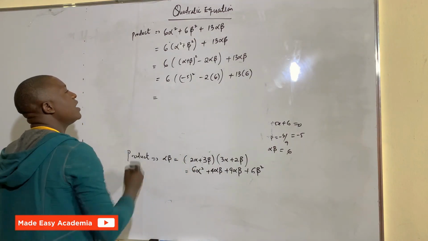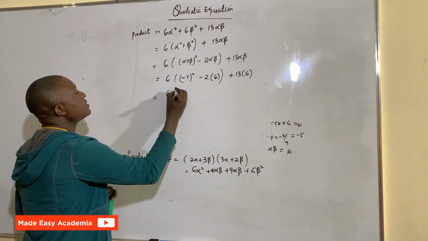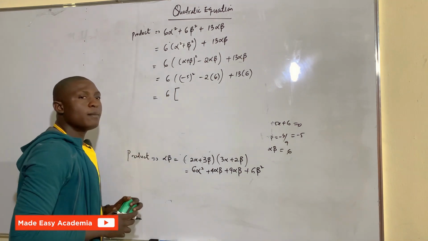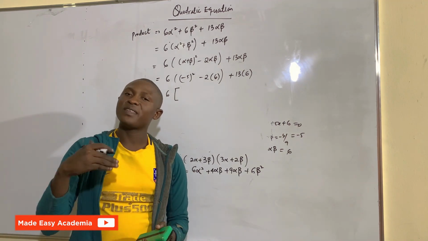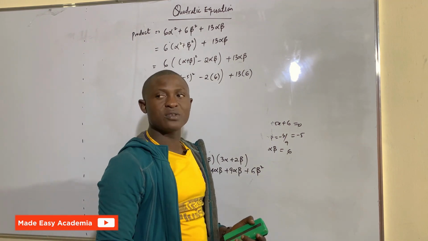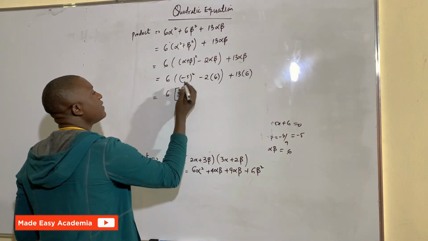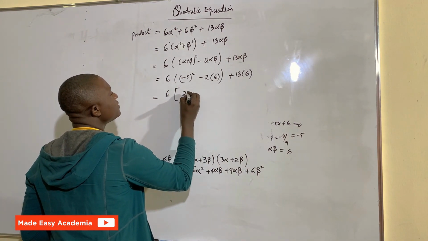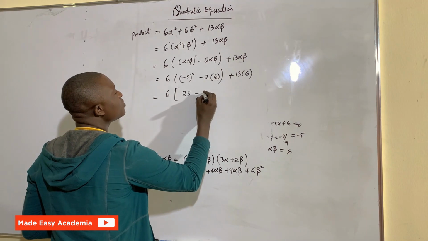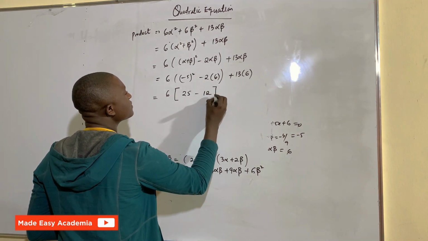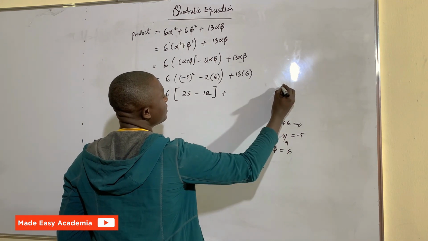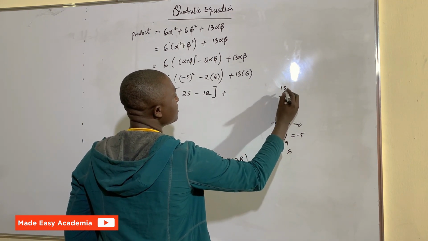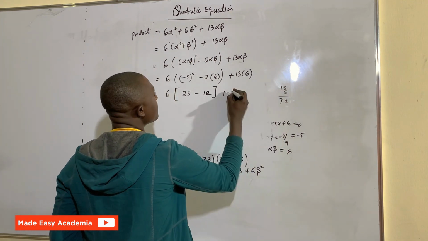So now we have 6 over minus 5 squared. That simply means minus 5 times minus 5. Minus times minus is positive, and 5 times 5 is 25. 2 times 6 is 12, plus 13 times 6, that's going to be 78.